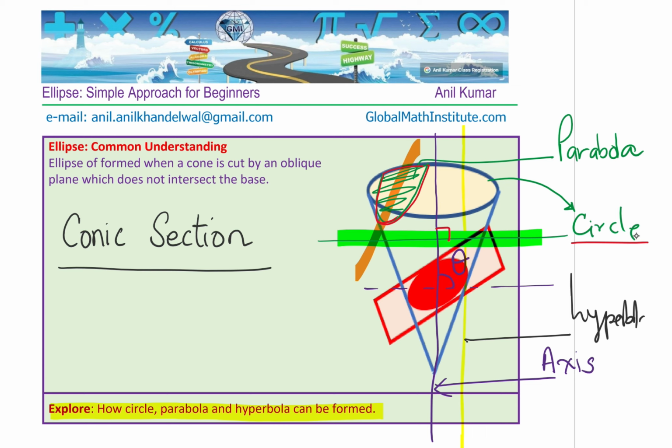And this shape, the 2D shape, is what we are talking about. And this shape is an ellipse if you're slicing it at an angle which does not intersect the base. You get the idea, right? So that is what an ellipse is. Now, with this idea of ellipse, let's have a visual look at how the graph of an ellipse looks.